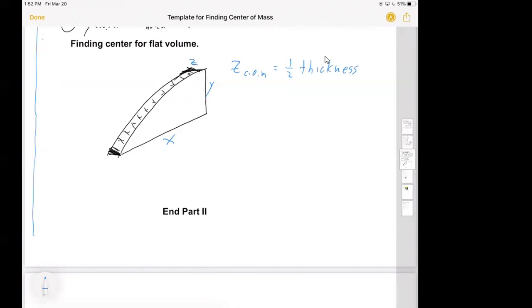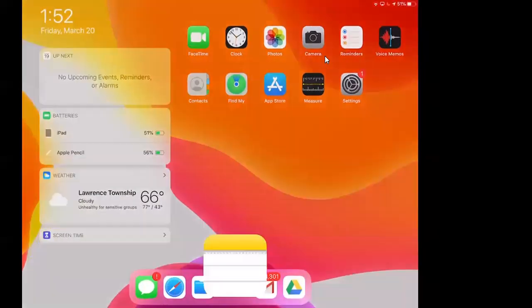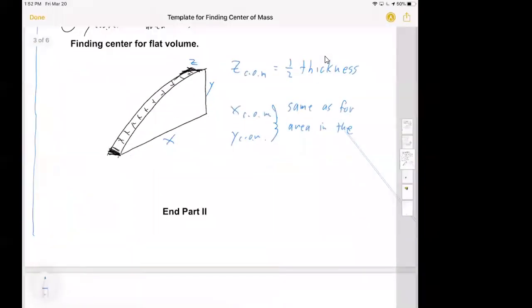Because of the constant thickness, the x center of mass and the y center of mass would end up being exactly the same as what we just calculated. Same as for area in the xy plane.